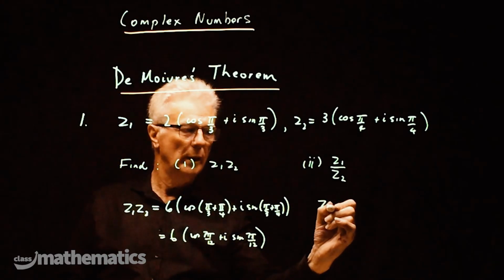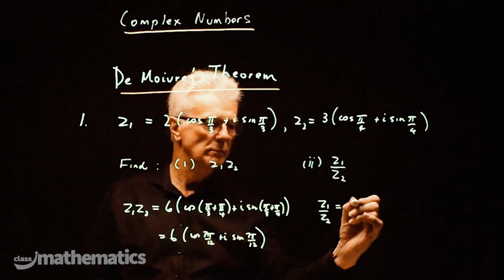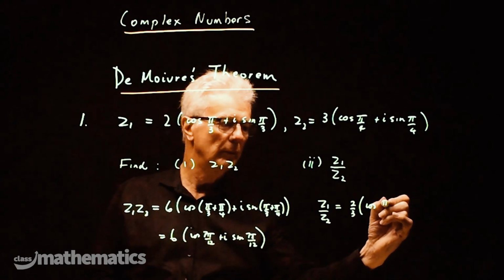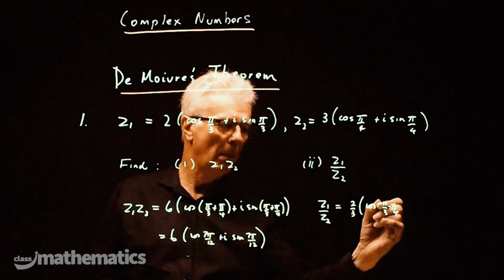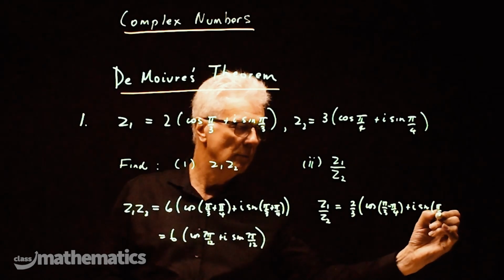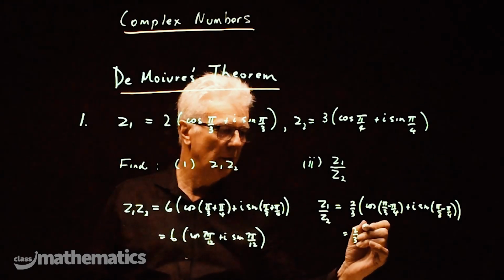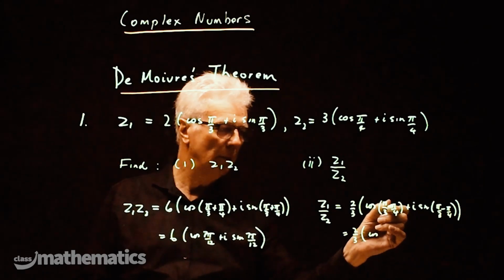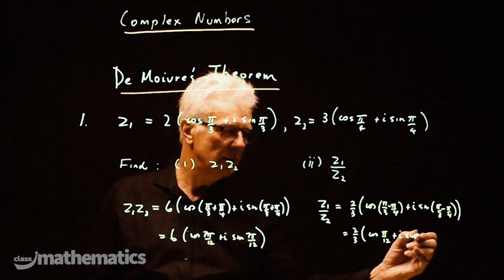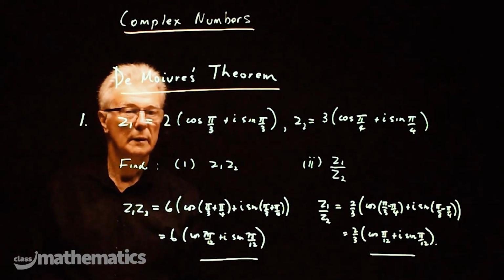So z1 over z2 is equal to 2 divided by 3, that'll be the cos of pi upon 3 minus pi upon 4, plus i sine of pi upon 3 minus pi upon 4, which becomes 2 over 3 outside of the cos of pi upon 12 plus i sine of pi upon 12. Done.